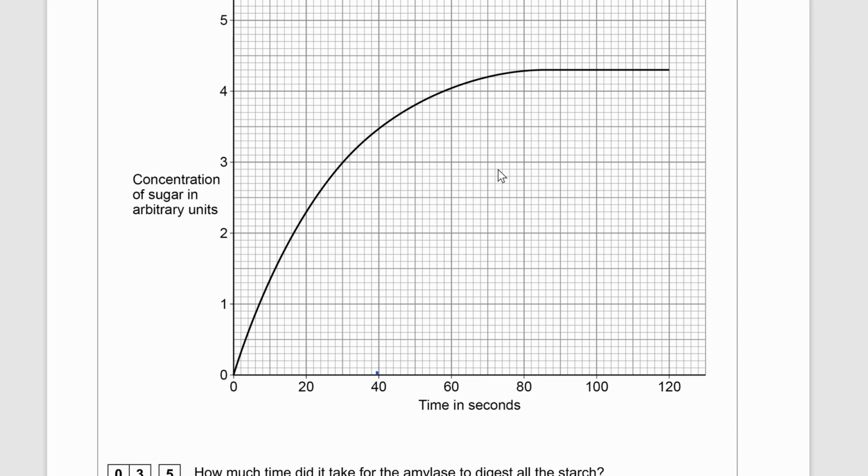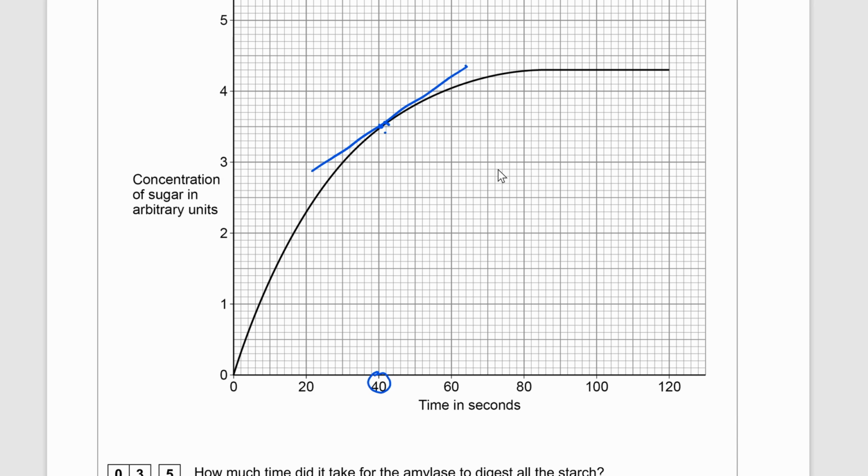So we find the time value that is important here, 40 seconds. And then what we want to do is make a straight line which is touching the curve at that time period of 40 seconds. So we've made our tangent line now. So what that means is that at this point, we are essentially able to find the gradient.